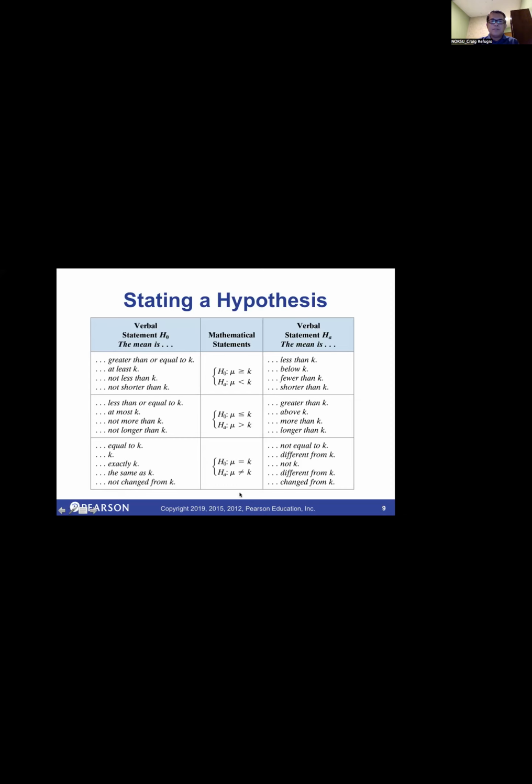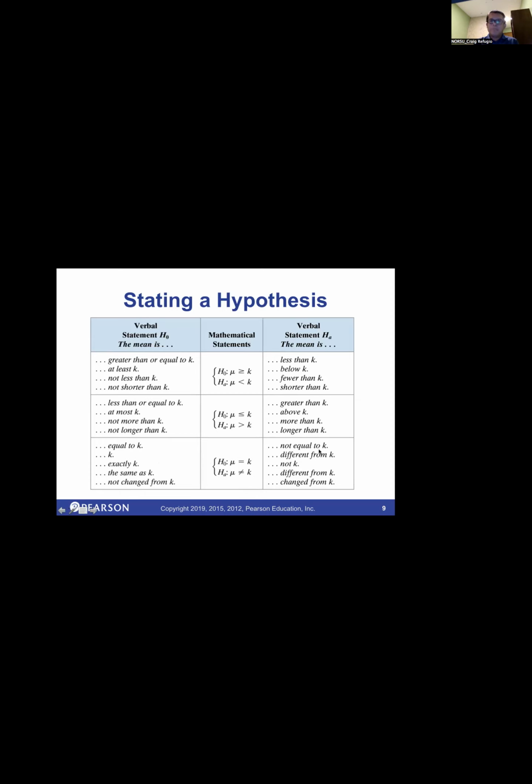And for the third possibility, the third pair, we have H0, mu is equal to K. So it can be equal to K or just K, exactly K, the same as K, then no change from K. In terms of the alternative hypothesis, we have mu is not equal to K. So what are the different verbal statements?